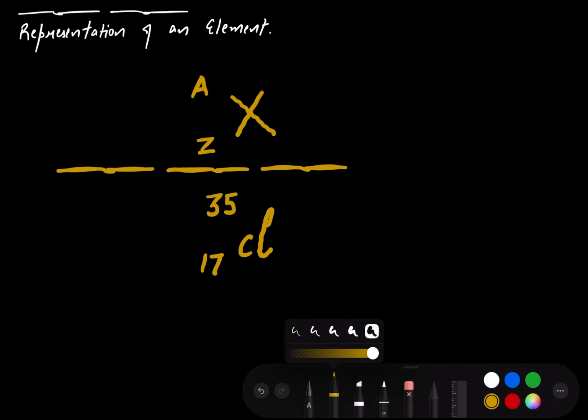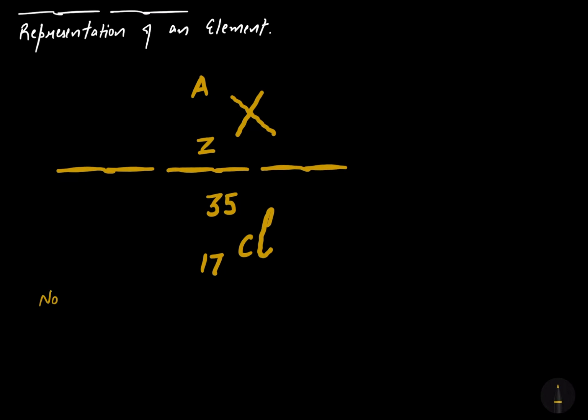Here, if I need to calculate the number of neutrons, the formula is the mass number minus atomic number. What's the mass number? 35. What's the atomic number? It's 17. So 35 minus 17 comes out to be 18 neutrons.